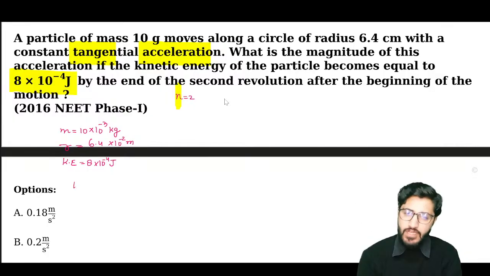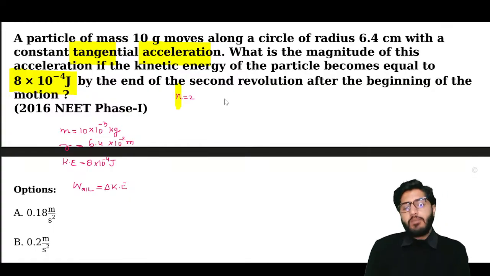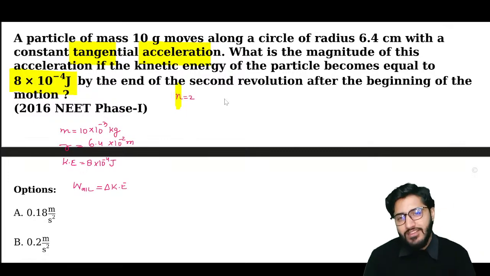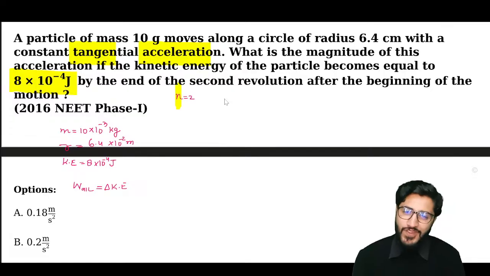So I can write work done by all forces is equal to change in kinetic energy. So how many forces are we having here? Sir, one is tangential, the second would be the centripetal. No? So I can write work done by tangential plus work done by the centripetal is equal to change in the kinetic energy.